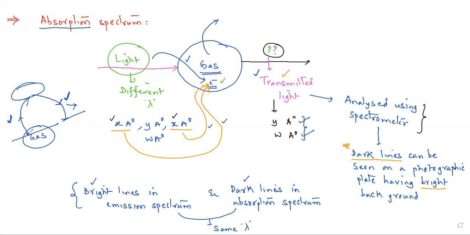Because from here to here, if the difference is x, x is being absorbed, then when it gets de-excited, the same x amount of energy is emitted. X is absorbed, x is emitted, right? So they'll have the same wavelength or the same energy. That is the reason why you get dark lines and bright lines at the same position, indicating that they are of the same wavelength. This is about absorption spectrum.